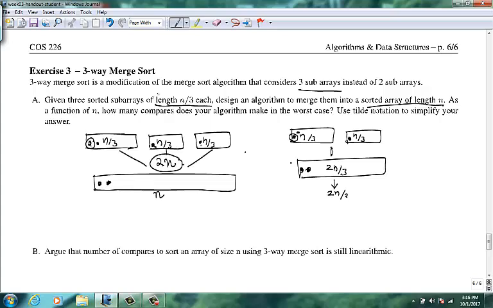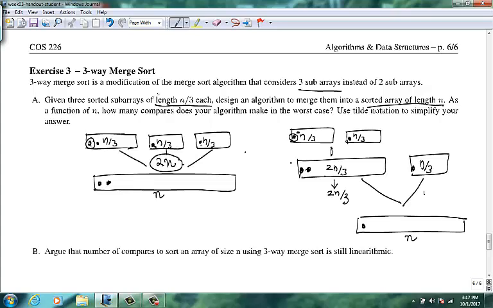Once we do that, we must merge that subarray with the remaining subarray of size n over 3. So in that case, we are going to merge these two into one subarray of size n. Again, what we do is compare an element here and the element here and merge it into that. That requires one comparison.